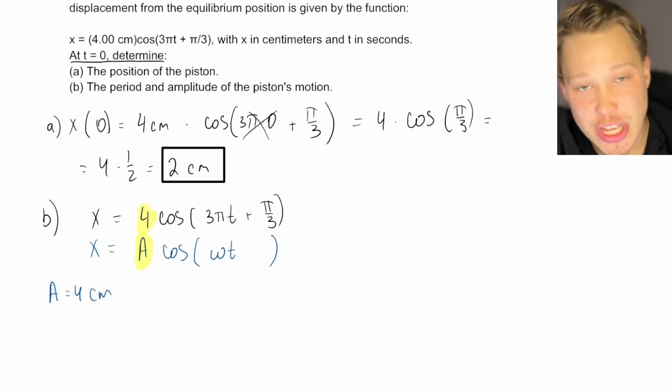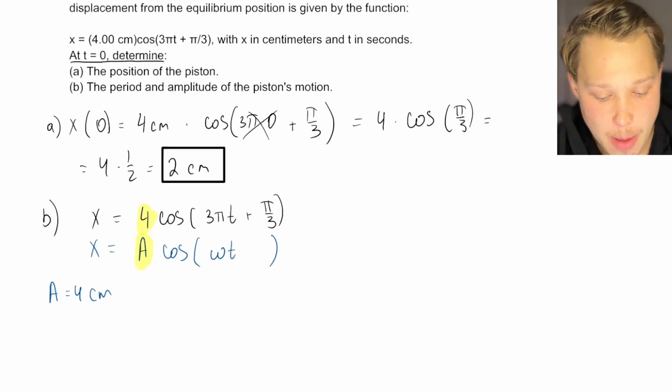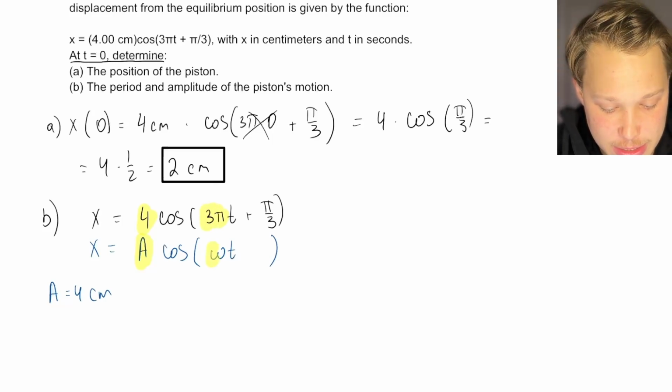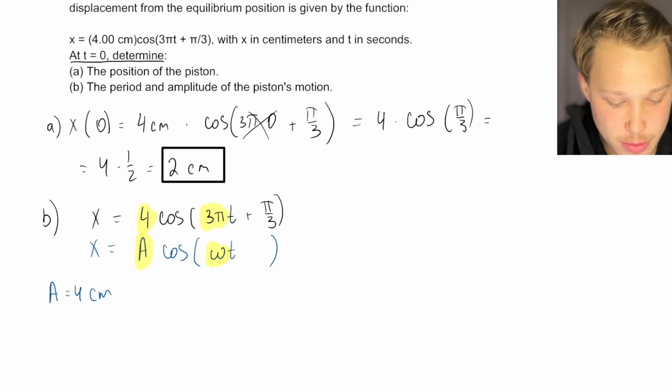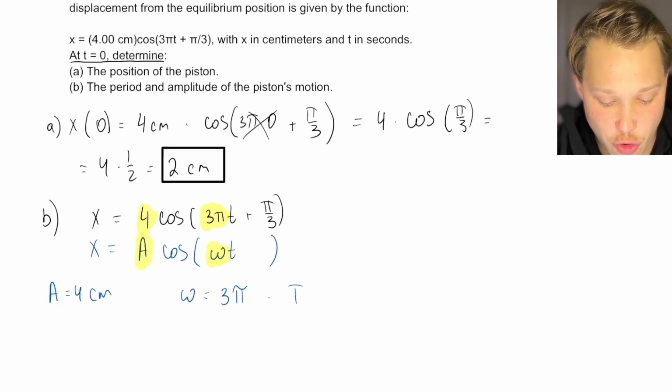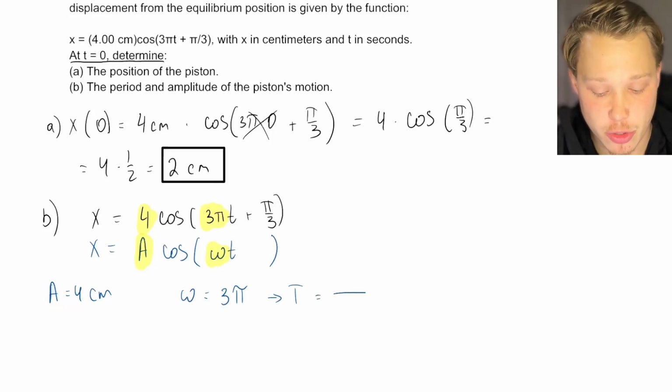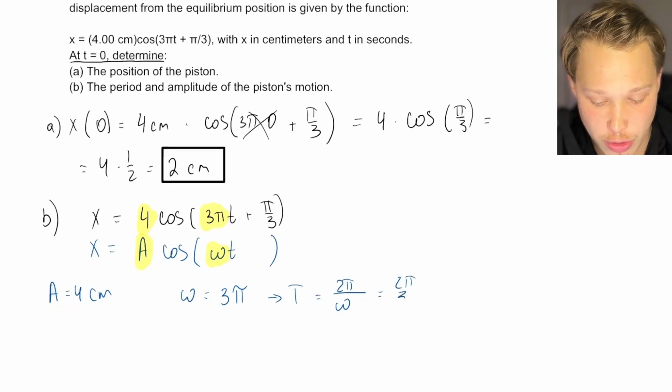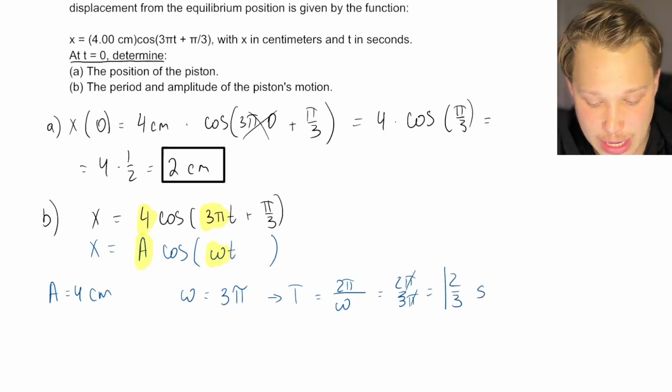Now, period is not directly given in the formula, but what we can find is omega, which is the angular frequency. Omega is equal to 3 pi. And from omega, we can find the period, which is 2 pi over omega, or 2 pi over 3 pi. So the final answer is 2/3 seconds.